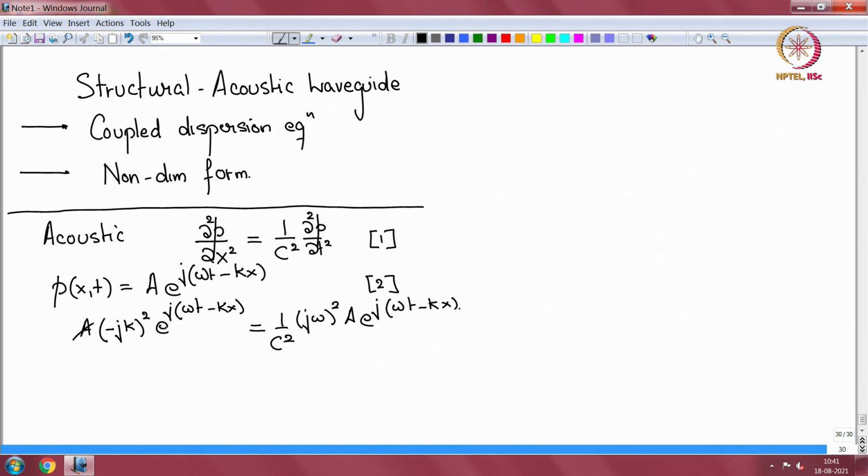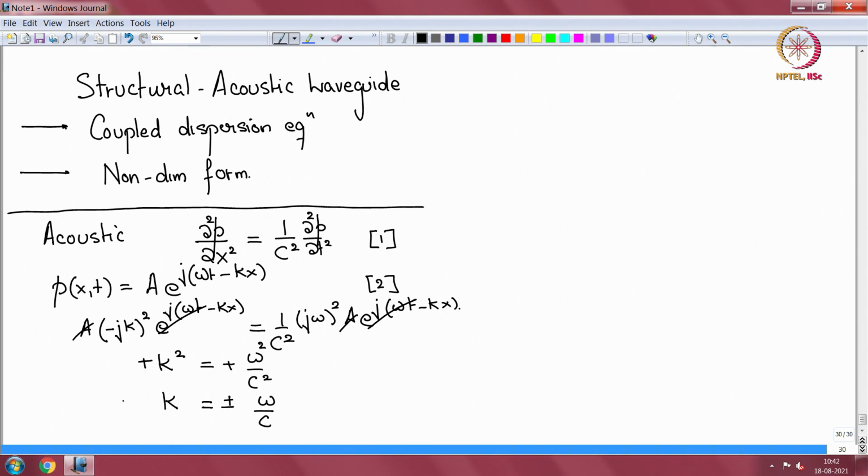So we can cancel out A and the propagator. So minus squared is 1, j square is minus, so I get minus k squared, and here again I get minus omega square by c square. So minus can be cancelled, and k now is equal to plus or minus omega by c.